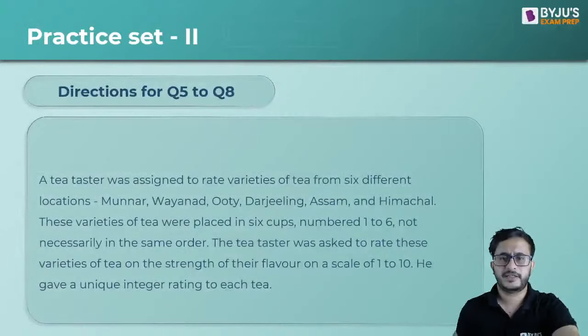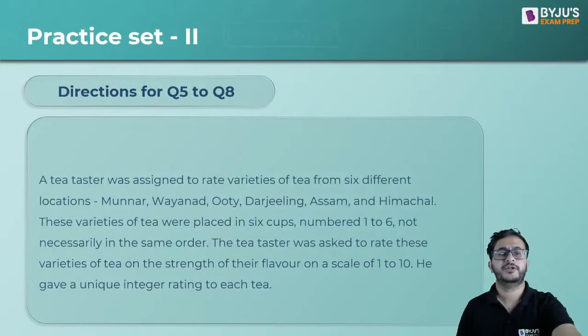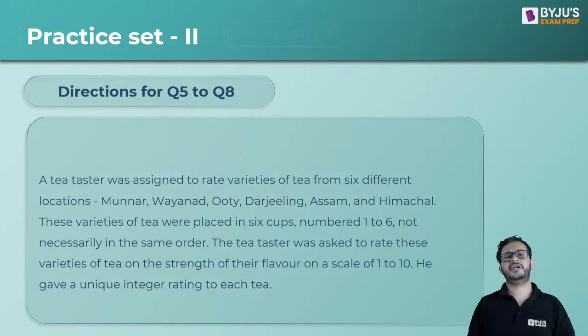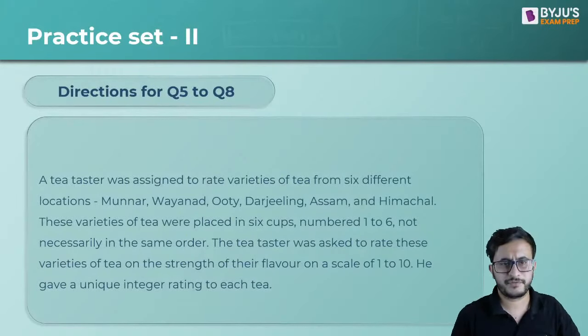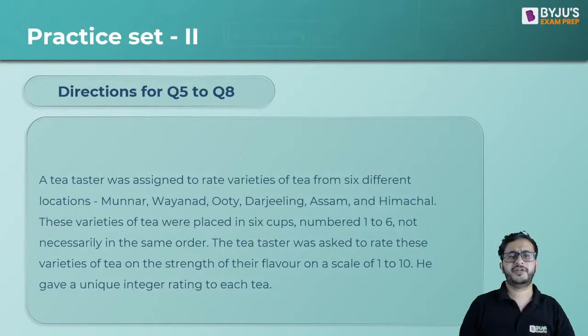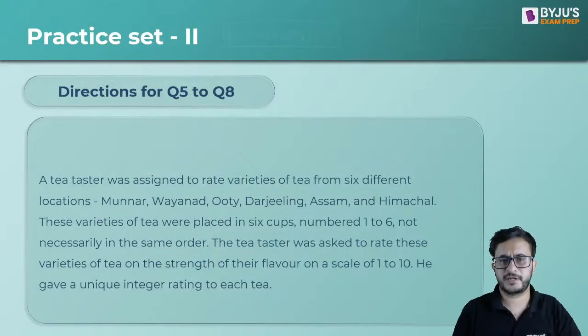Now this is a past year CAT question, which appeared in CAT 2017. A tea taster was assigned to rate various varieties of tea from 6 different locations: Munnar, Wayanad, Uti, Darjeeling, Assam, and Himachal. These varieties of tea were placed in 6 cups numbered 1 to 6, not necessarily in the same order.